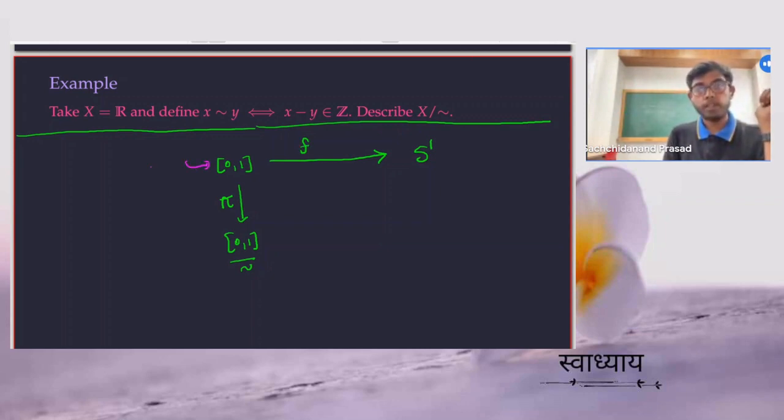This is a compact set, and we know that a continuous image of a compact set is again compact. So if f from X to Y is a continuous function, then f of K is compact if K is compact.